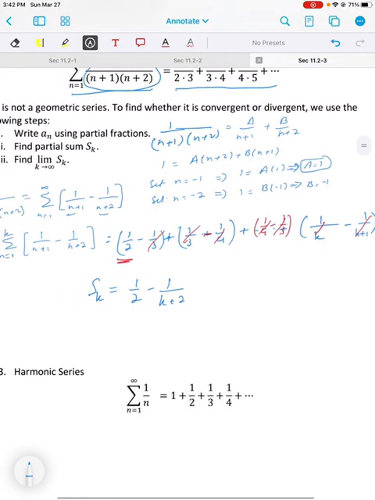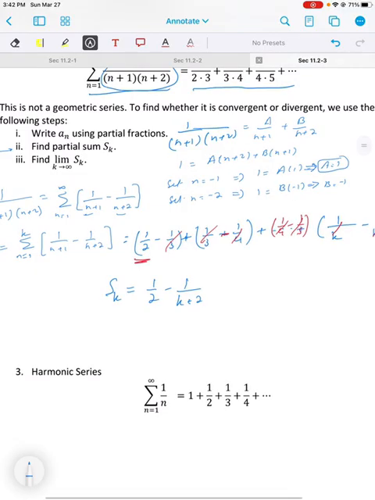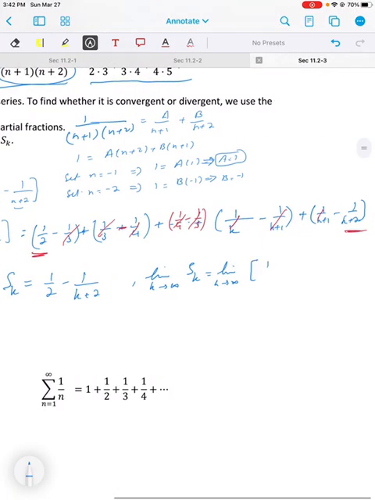Now that we have our sum in simplified form, we will find the limit of this sum. The limit as k goes to infinity of s sub k is equal to the limit as k goes to infinity of 1/2 minus 1 over k plus 2.